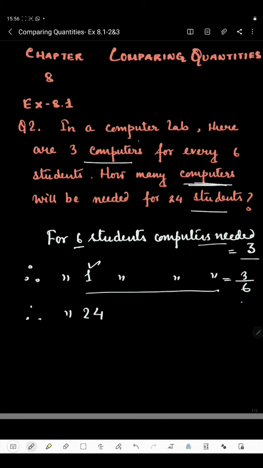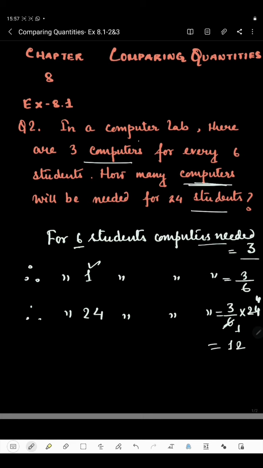So for 24 students, computers needed will be 3 by 6 multiplied by 24. Now this 24 comes in the 6 table, so 6 ones are 6, 6 fours are 24. If you multiply the numerator, 3 fours are 12. So for 24 students 12 computers will be needed.